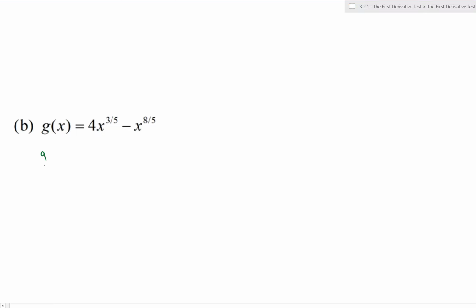Let's go ahead and find the derivative. G prime of x here is going to be 4 times 3/5 times x to the -2/5 minus 8/5 times x to the 3/5. So let's clean that up, because we're going to have to figure out where it's equal to 0 or if it's undefined.